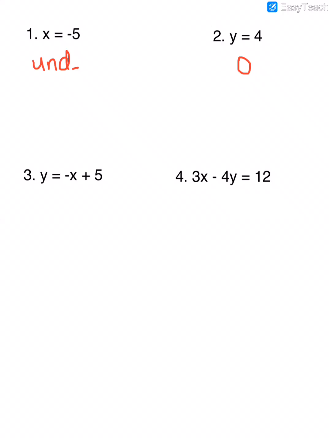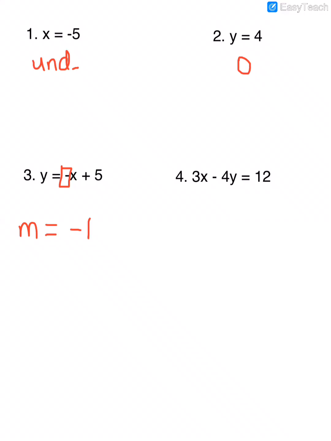For number 3, I have an x and a y. And my line is already in slope-intercept form. So the coefficient of x, which in this case is negative 1, that's going to be my slope. So my slope is negative 1.